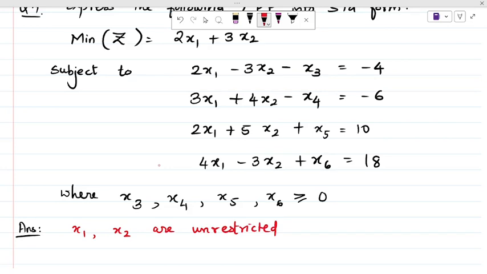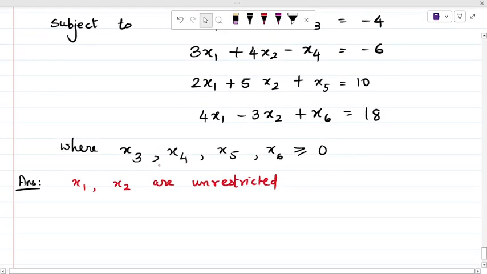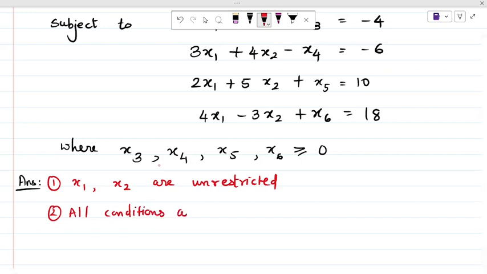This is the first thing to be noted. Second thing, all conditions are equal type.